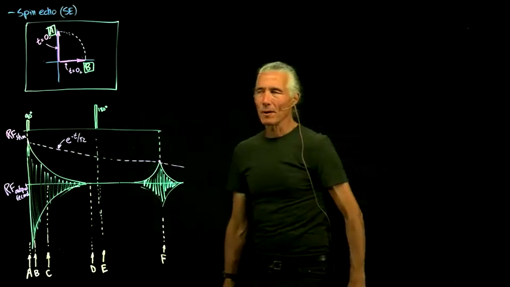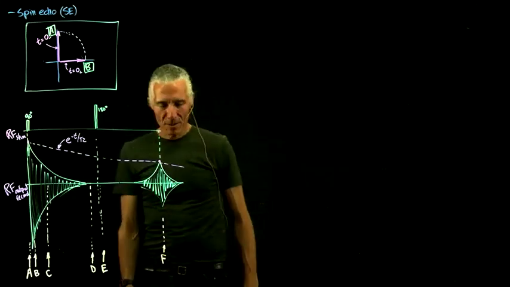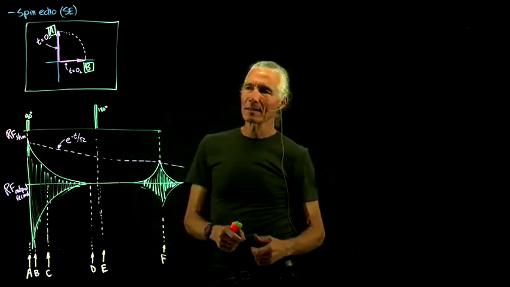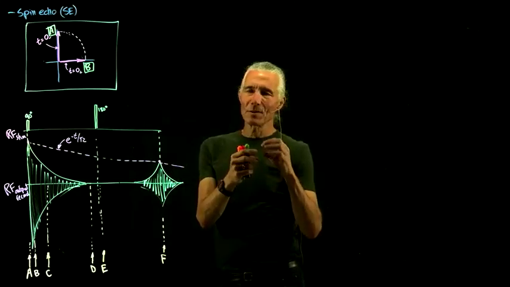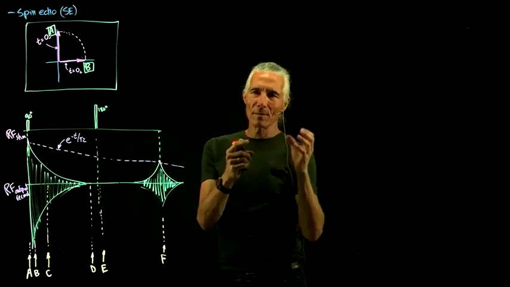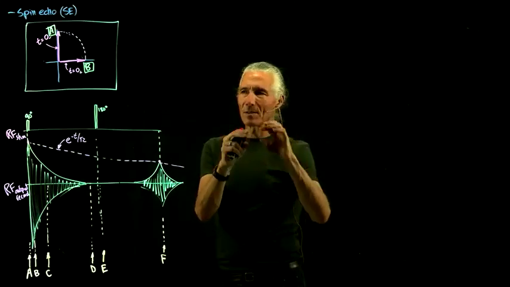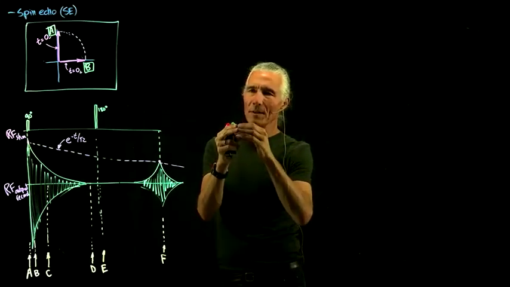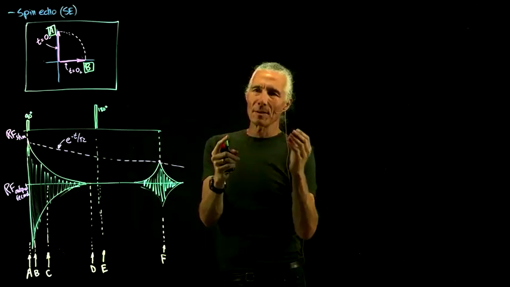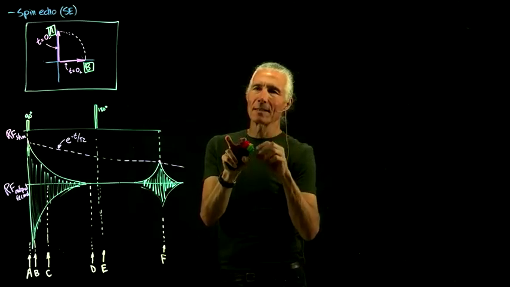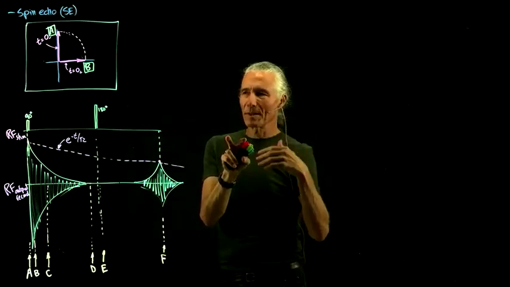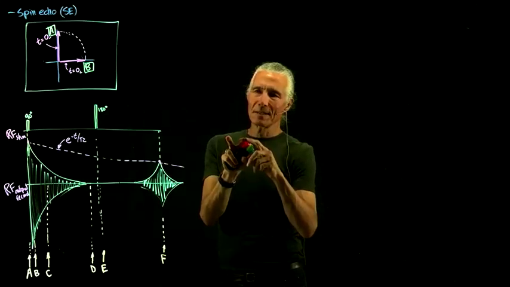That's the T2 part. But there's a second part, and the second part is, what if there's a static magnetic field difference? For whatever reason, the distribution of atoms, there's slightly lower B field in one part of the sample than another part. But that B field doesn't change over time. It's a fixed change, say within a second.